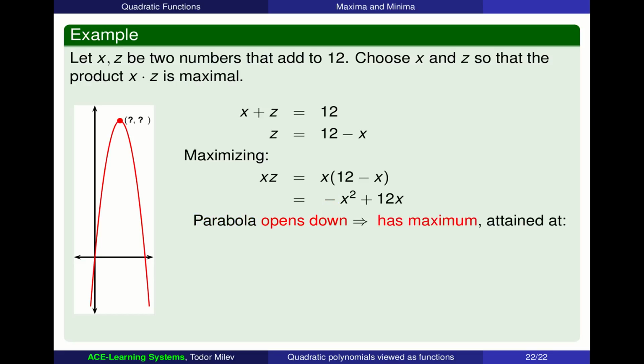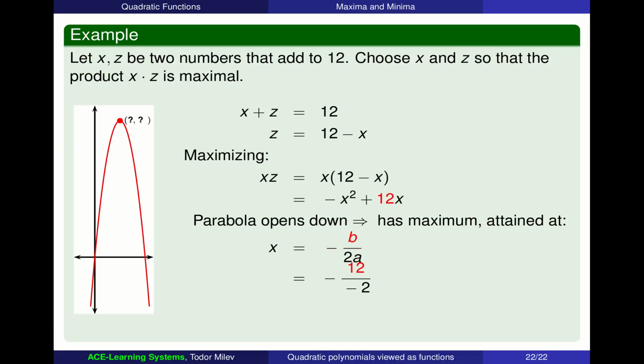Okay, so our parabola has a maximum, and where is it attained? Actually, let me ask you, where is the maximum of that parabola attained? I'm sure you guessed it correctly. The maximum of the parabola is obtained at minus b over 2a. So, what's b and a?